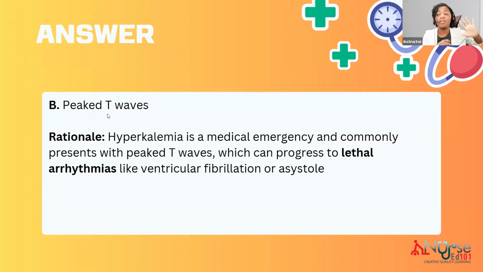Both of those, P and QRS, are where you have the electrical activity happening. But the T wave is the point where there is no electrical activity. That's when the heart takes a deep breath, kind of recharging, only to do it again.